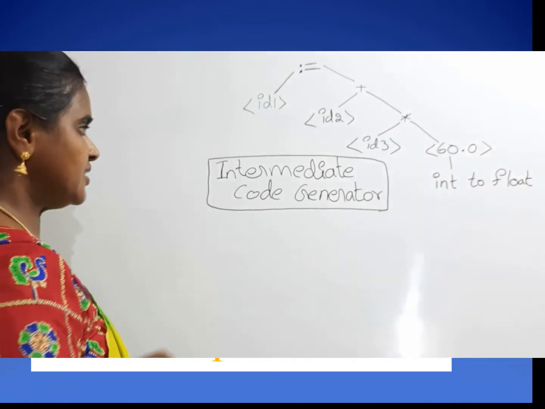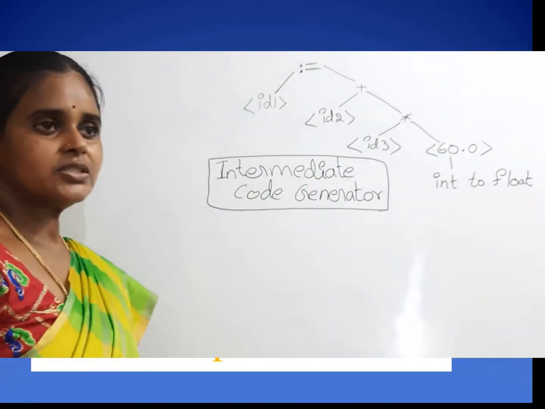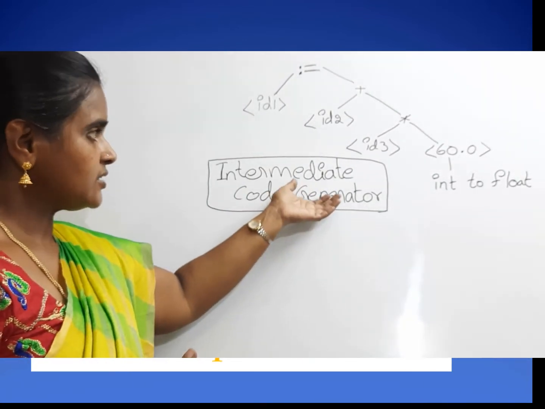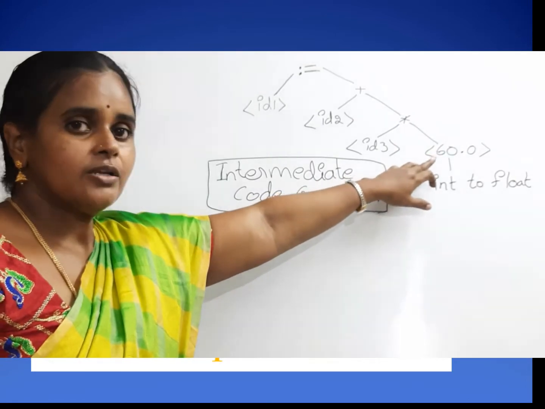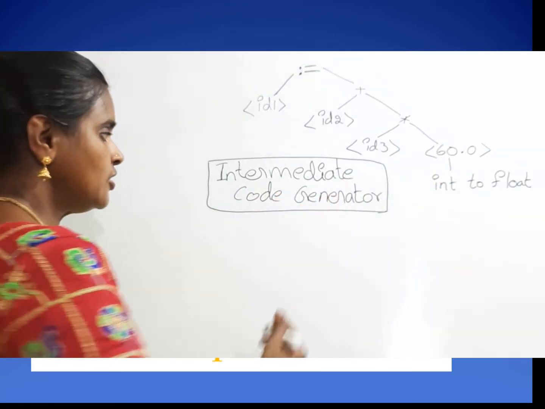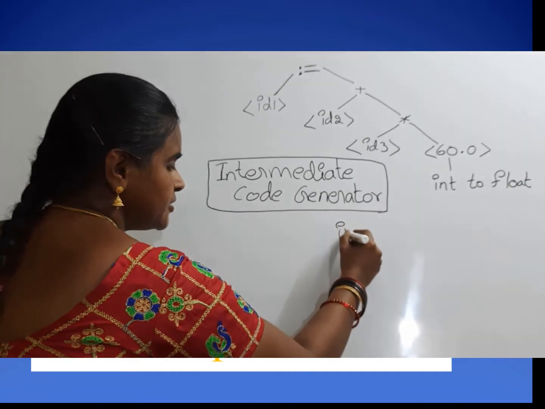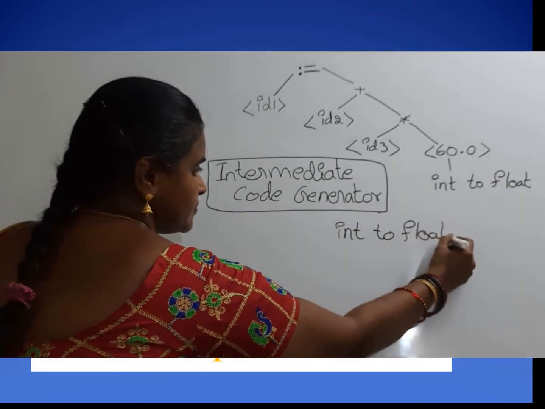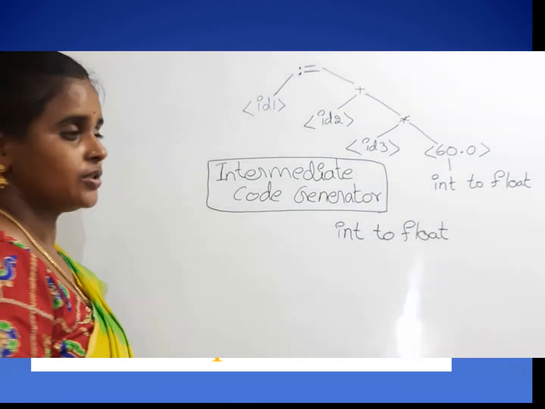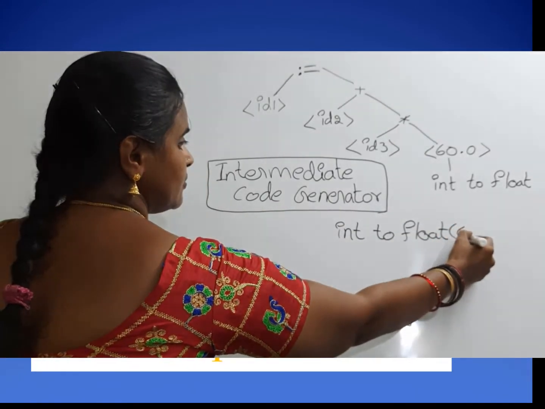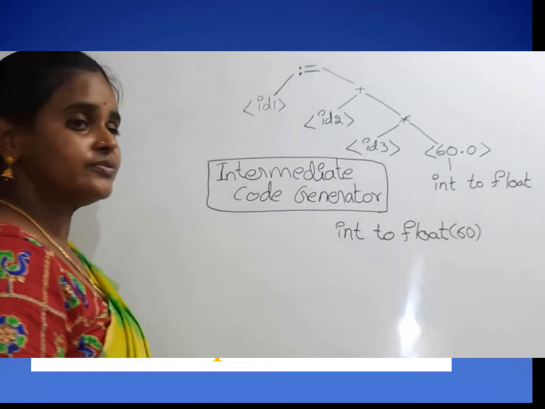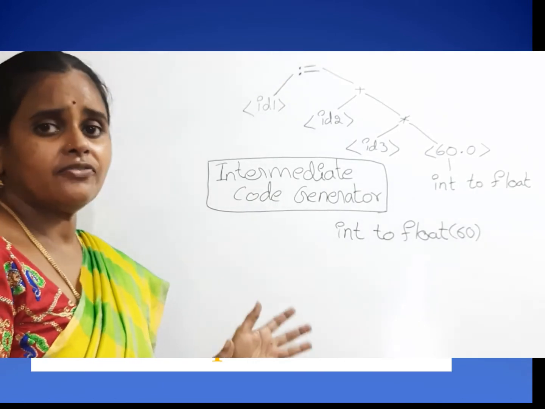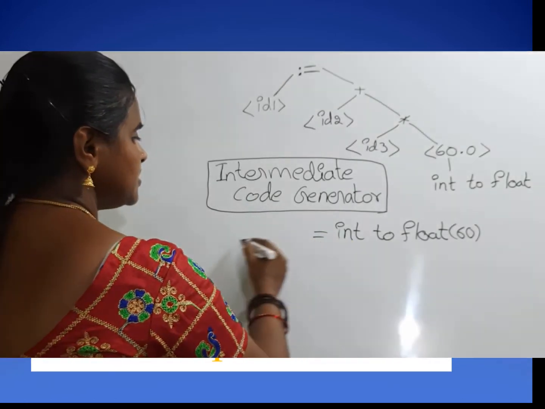Okay, right. So let us consider. Here, what is the first one? It has to translate the integer value 60 into float, right? So the first operation is int to float of 60, and it stores the result in a temporary variable.